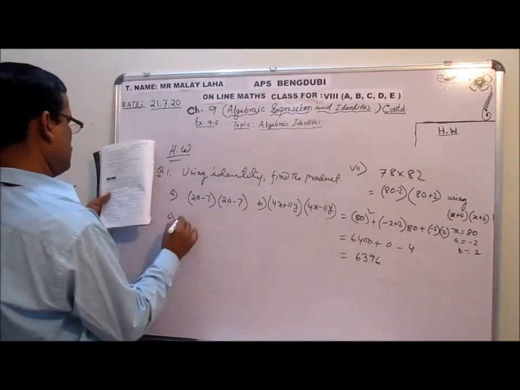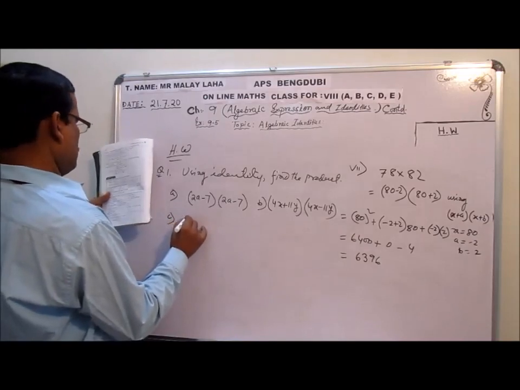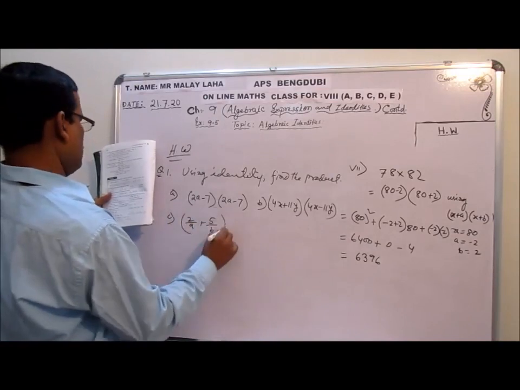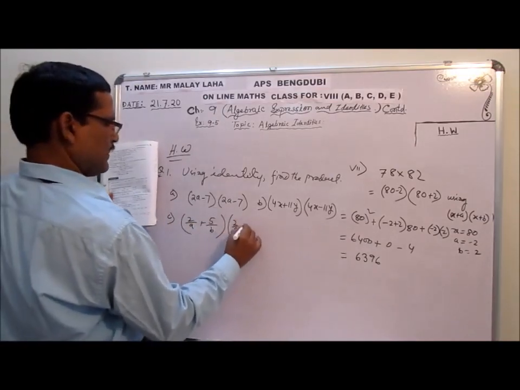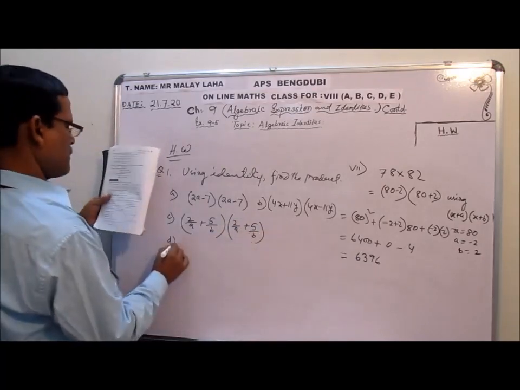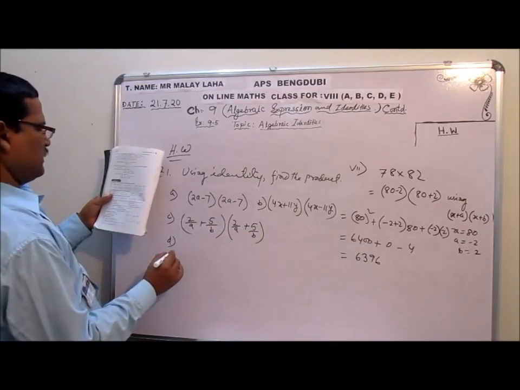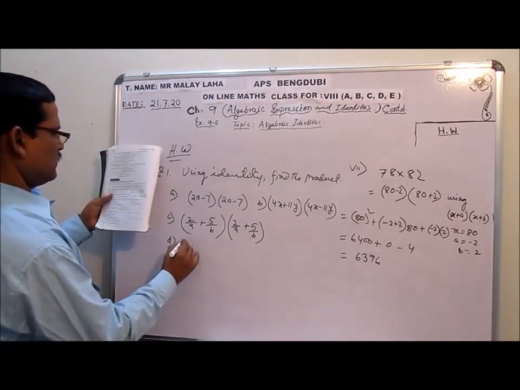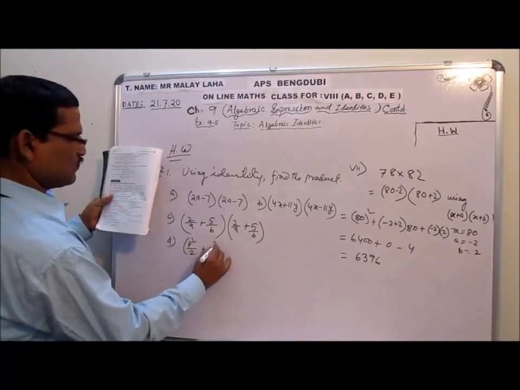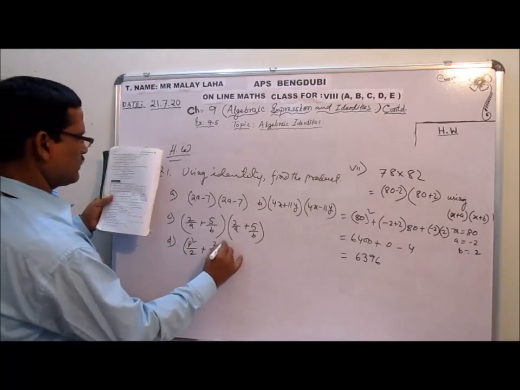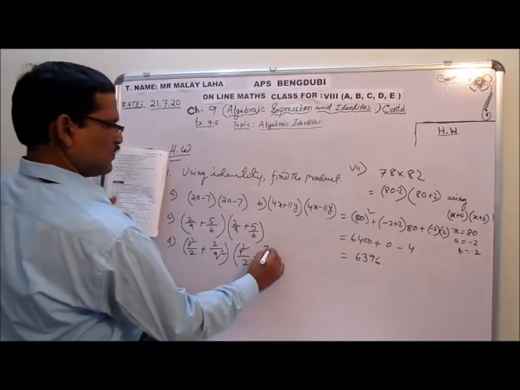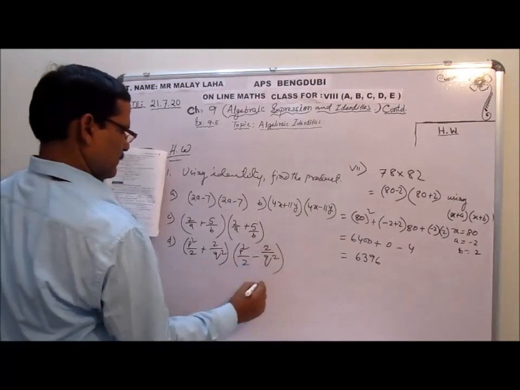C: (2 by a plus 5 by b) into (2 by a plus 5 by b). D: (p square by 2 plus 2 by q square) into (p square by 2 minus 2 by q square).